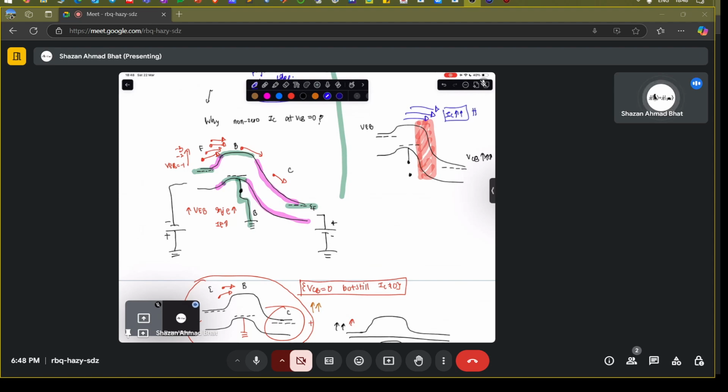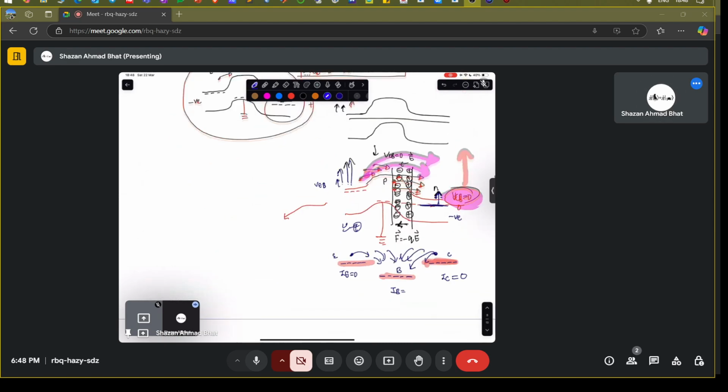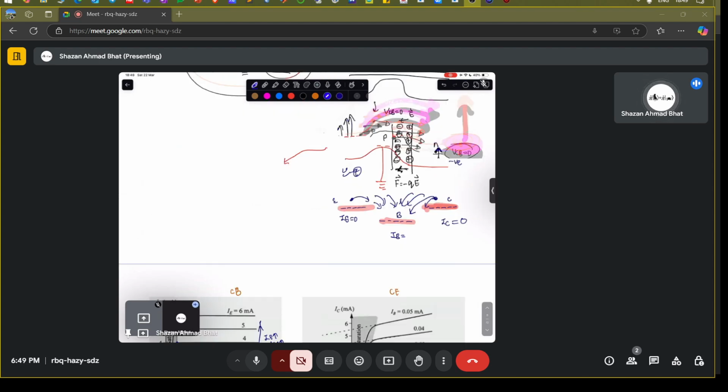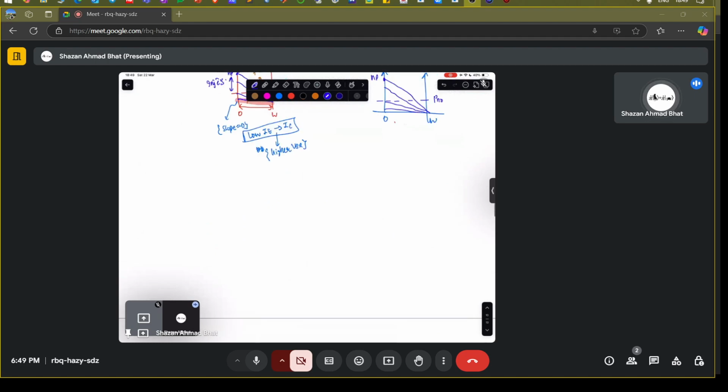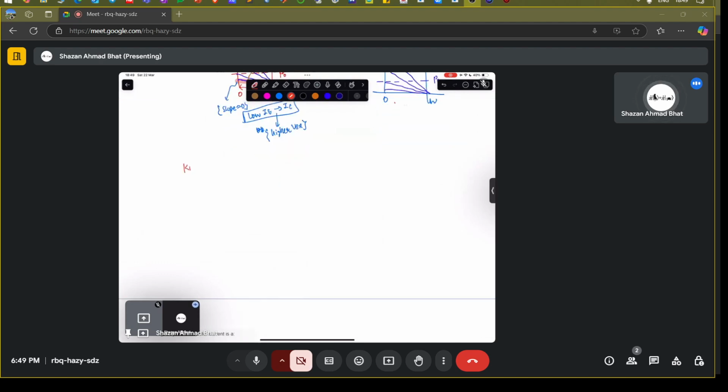So that is basically how these breakdowns occur in these BJTs. Now what we are going to do is look into something called the Kirk effect. So what is the Kirk effect?